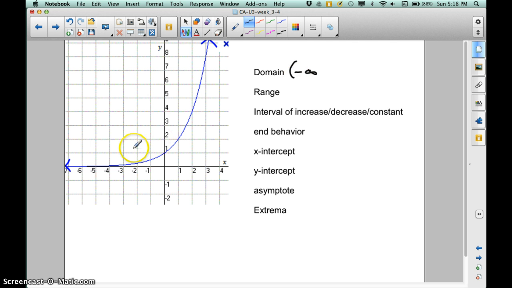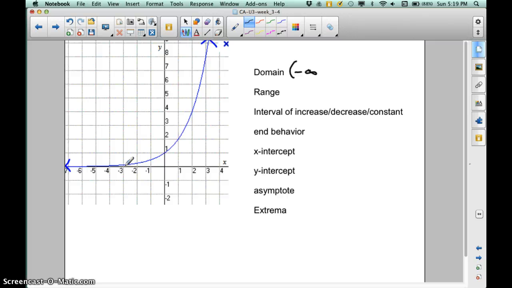Now, as I go to the right, you might think that, yes, the arrow keeps going up, but I don't want you to be fooled into thinking that it stops at 4, that it's going to have an asymptote this way. The asymptote for an exponential function is always a horizontal line where the function sort of bottoms out, where the y value has a lower limit or an upper limit.